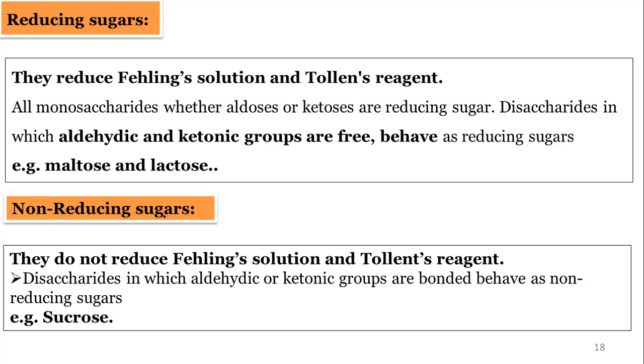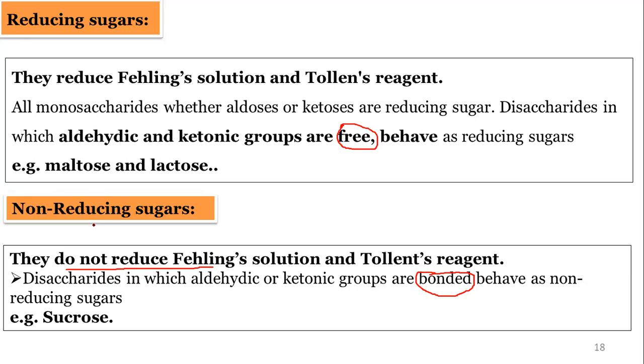So what do we mean by non-reducing sugar? They do not reduce Fehling's solution and Tollens' reagent. These are disaccharides in which the aldehydic and ketonic groups are bonded. In reducing sugars, these groups are free, but in non-reducing sugars, these groups are bonded.